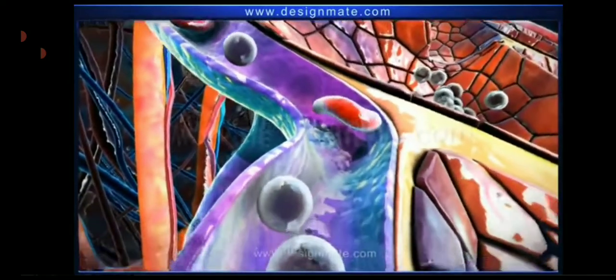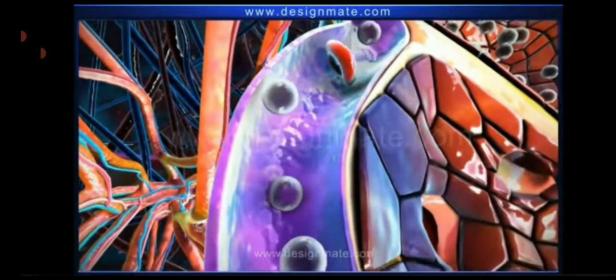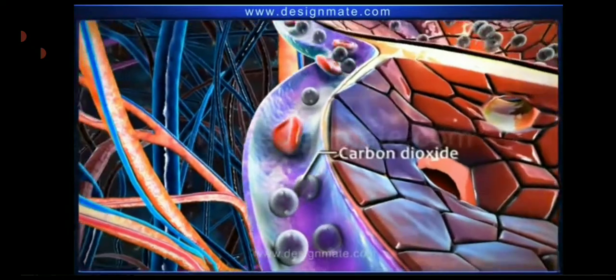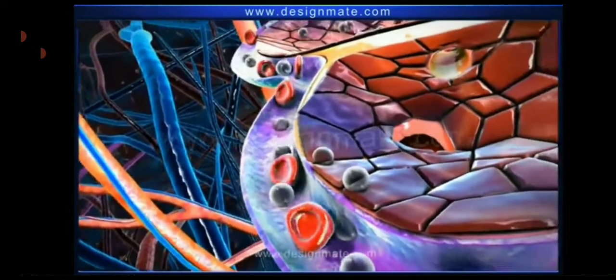The blood moving into the alveolus contains RBCs and carbon dioxide molecules. These molecules are released into the alveolus.